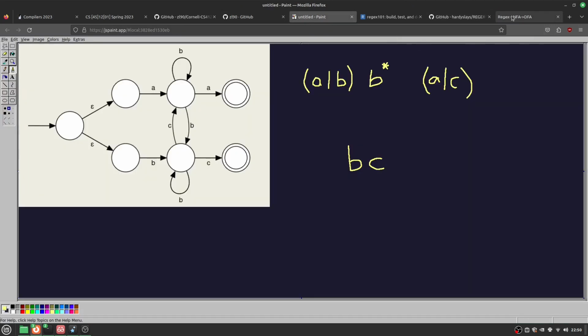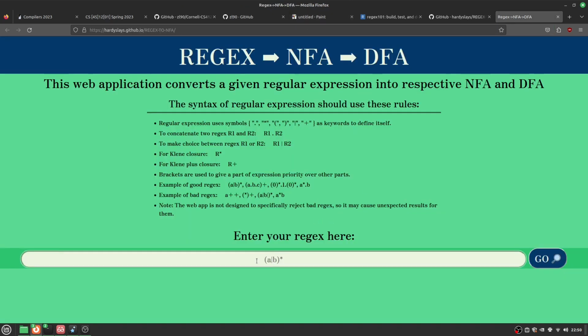So we had A or B concatenated with any number of B's, 0 or more, and then A or C. You have to concatenate that with A or C. See what that looks like.